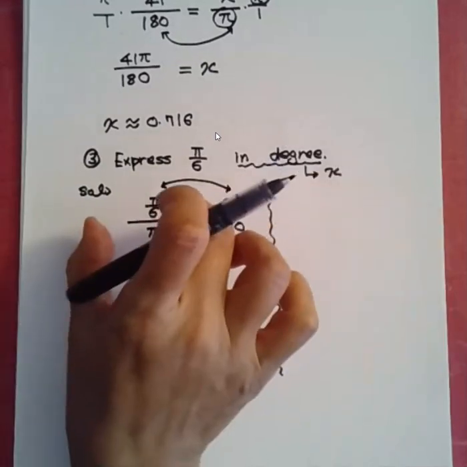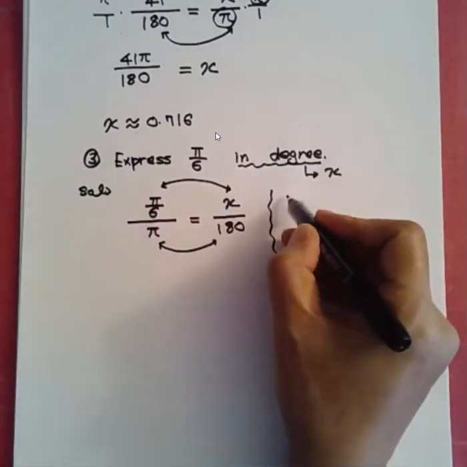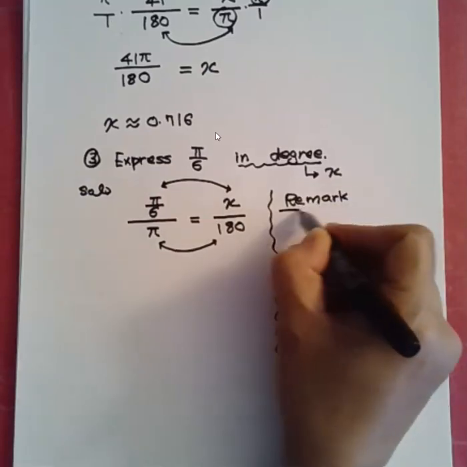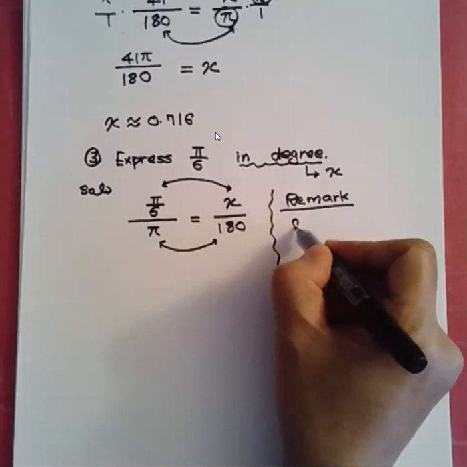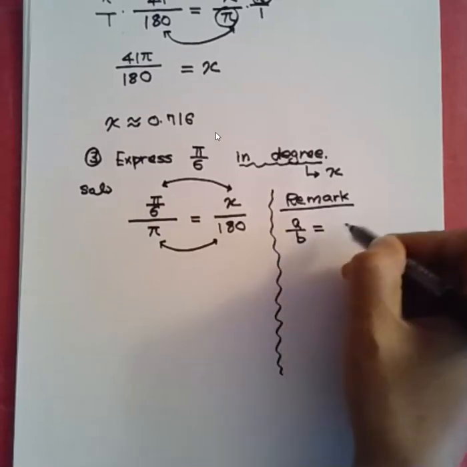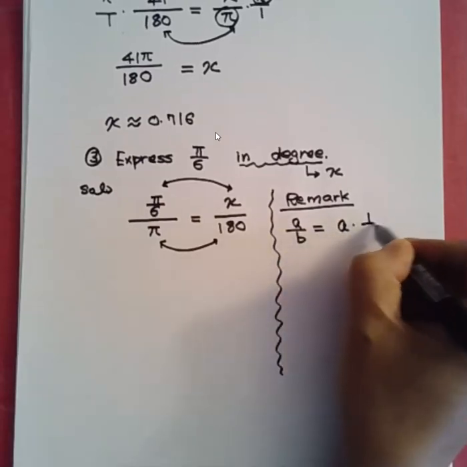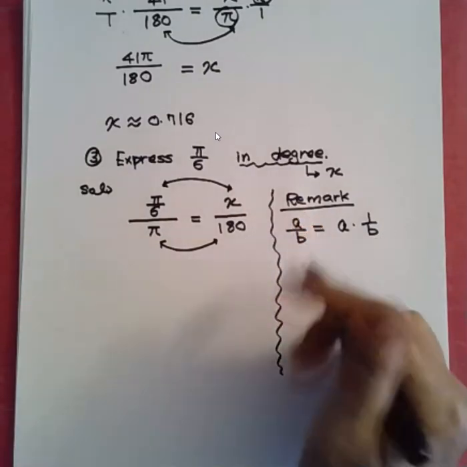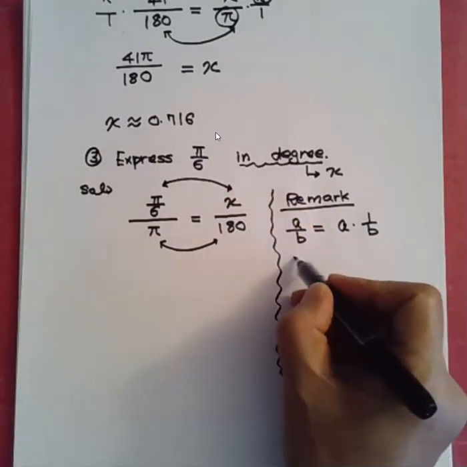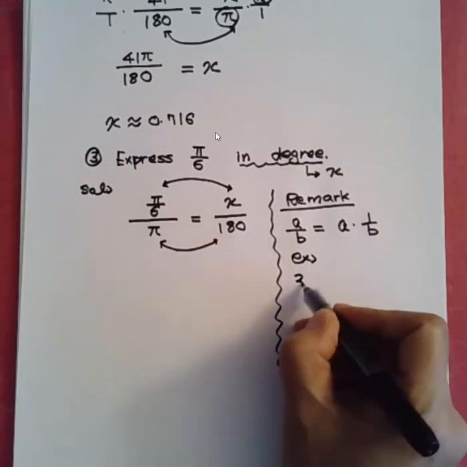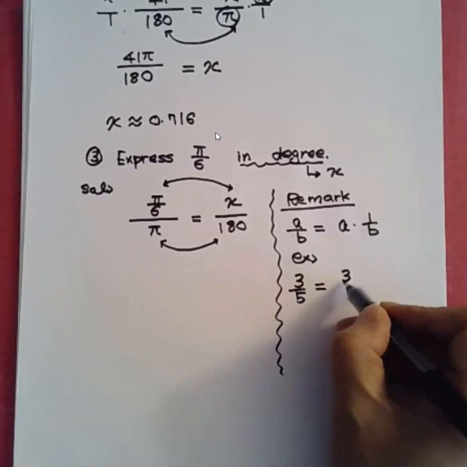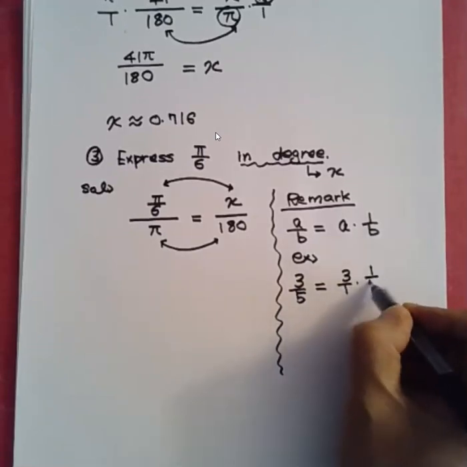To make this expression a little bit simpler, what we want to use is this kind of formula. A over B equals A times 1 over B, because A can be written as A over 1, and when we multiply that, we get A over B. Let's say we have 3 over 5 here, then we can say that that is 3 over 1 times 1 over 5.